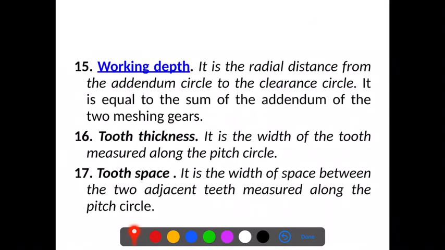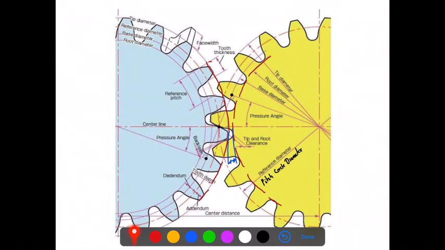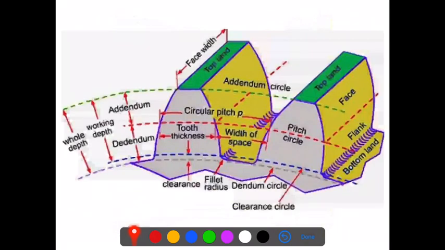Now working depth is somewhat different. What is this working depth? It is a radial distance from the addendum circle to the clearance circle. It is equal to the sum of the addendum of the two meshing gears. So working depth, if we see over here, as we know this is a clearance, will be between the addendum circle and the clearance circle.